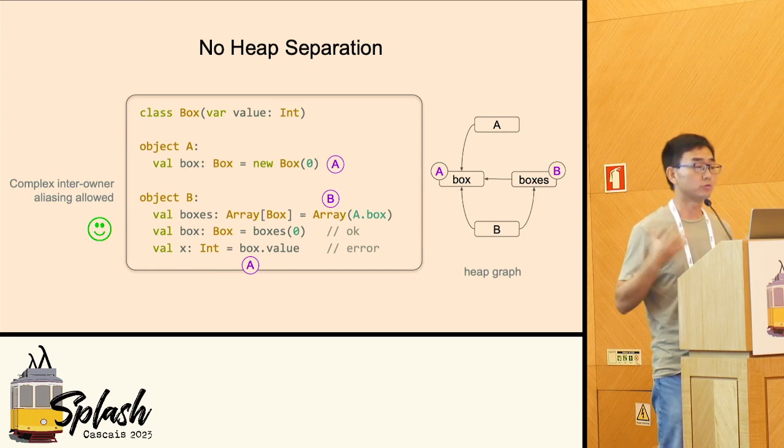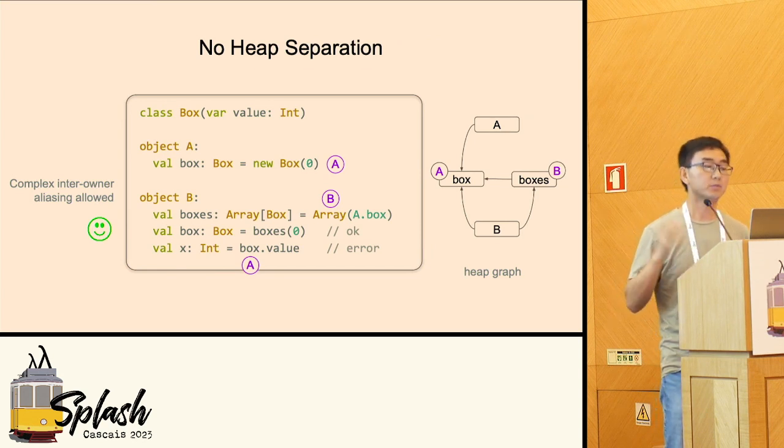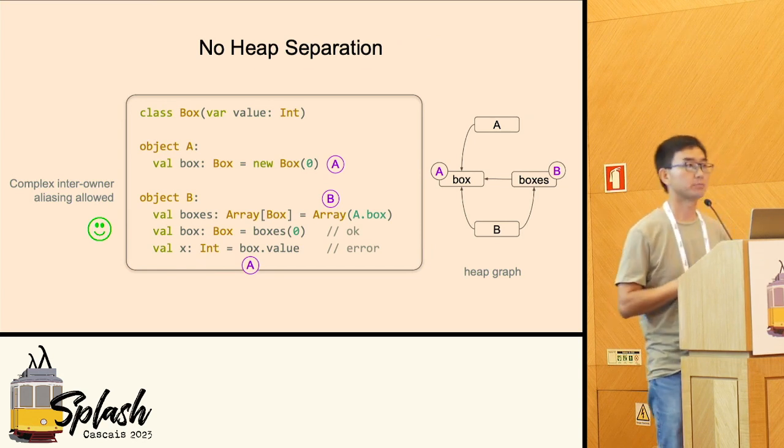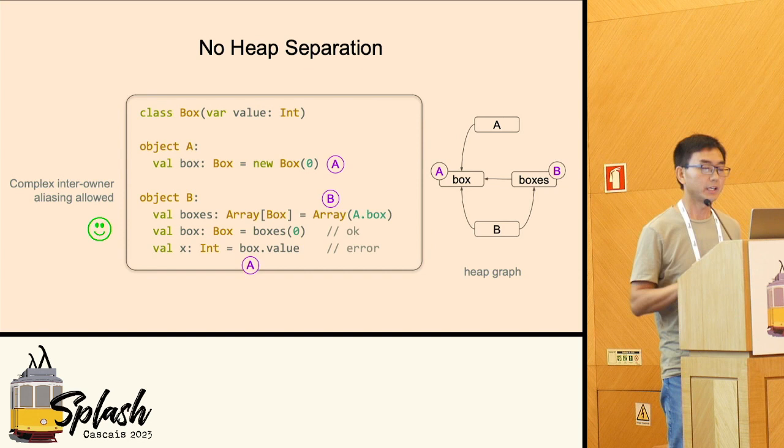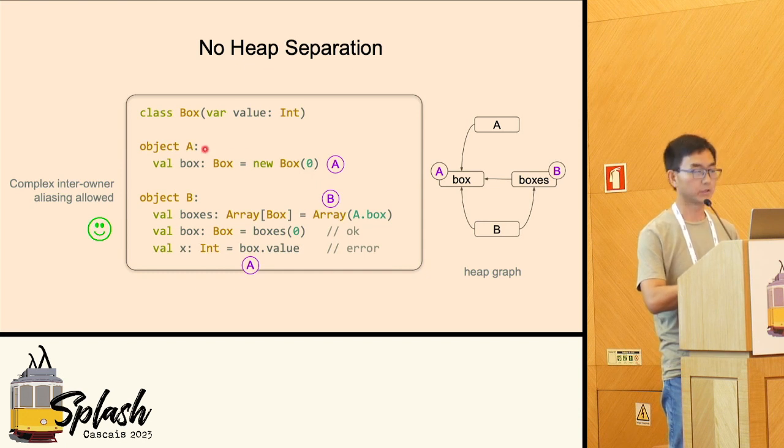Initialization time irrelevance doesn't require heap separation by owners. It's perfectly fine to mix objects of different owners in the same data structure. Here is one example where we have the same box definition, and in the object A, during its initialization, we create a mutable box which is owned by object A, and in the object B, we create a mutable array.